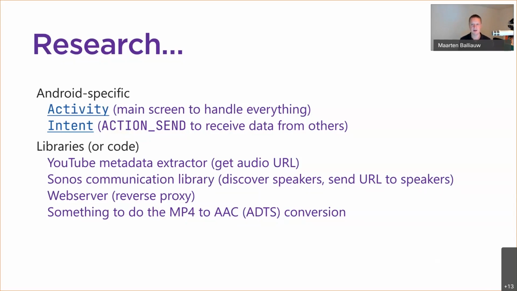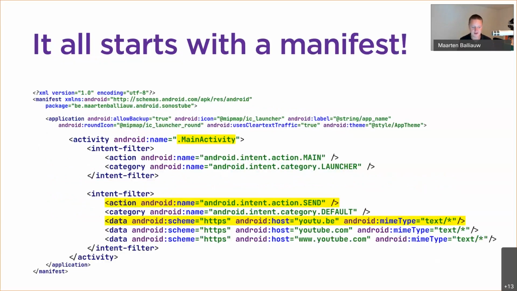So I started building the application itself. In Android, every application starts with a manifest where you have your main activity and other screens defined. And in that main activity, I had to add an intent filter where I said, okay, when someone tries to send data to me, check if the scheme of the data is HTTPS, if the host is something that YouTube would do, and if the MIME type is text.